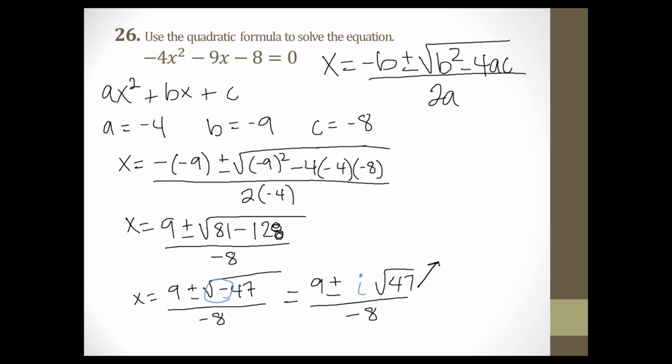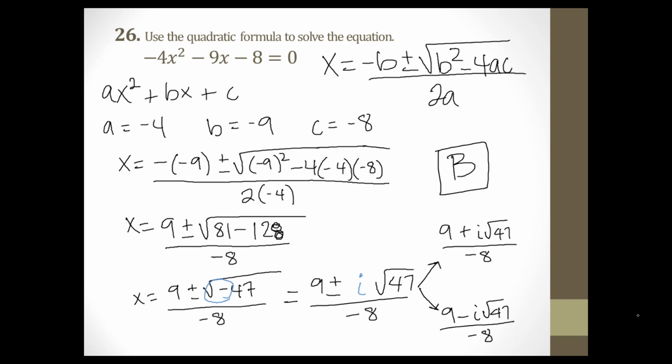The one that involves the plus is 9 plus i square root of 47 over negative 8, and then we have 9 minus i square root of 47 divided by negative 8. Those answer choices fall under answer choice B. Just be careful when you're looking at these answer choices because they all look super close, but they are different. So this is answer choice B.